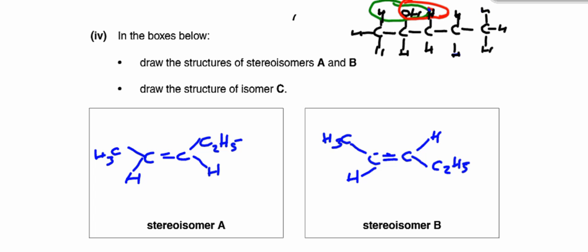But what we can see, if we're going to draw these structural isomers A and B, I'm going to use the red circle for A and B, and I'm going to take off the OH and the H from carbons 2 and 3.